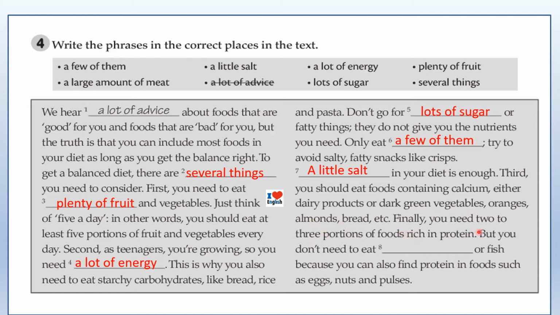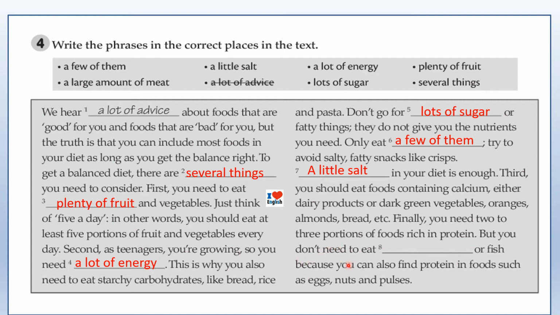Finally, you need 2 to 3 portions of food rich in protein. Yes, we also need in our balanced diet to have 3 portions of foods rich in protein.